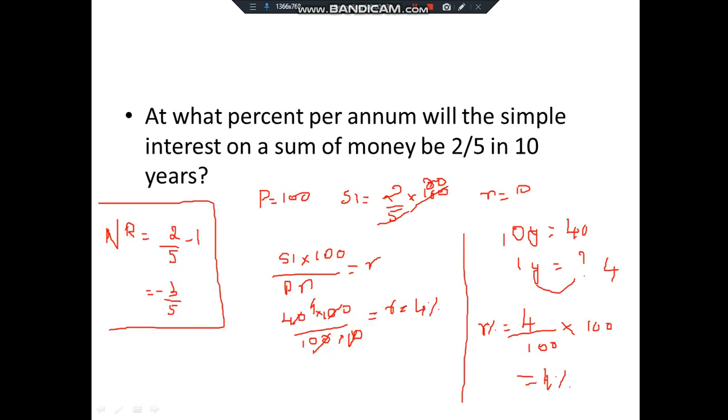At what percent per annum will the simple interest on a sum of money be 2 by 5 in 10 years. Okay. So when you go for the same approach, see NR is equal to 2 by 5 minus 1. But there is a slight difference. See, you get the value in negative because 2 minus 5 by 5, you get it as minus 3 by 5. So, better don't choose this option. You go for the normal method.